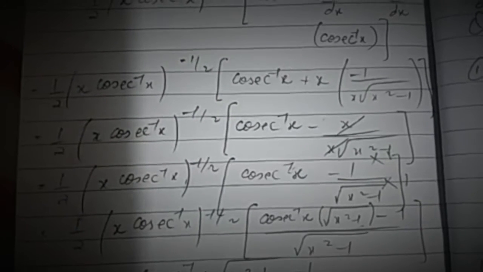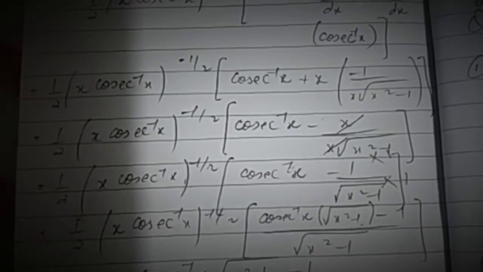Here it comes, because it is minus half, so it comes downward, and in this way 200 x into x, 200 x and into cosec inverse x, and the numerator terms will remain the same, and this way this whole question is solved.